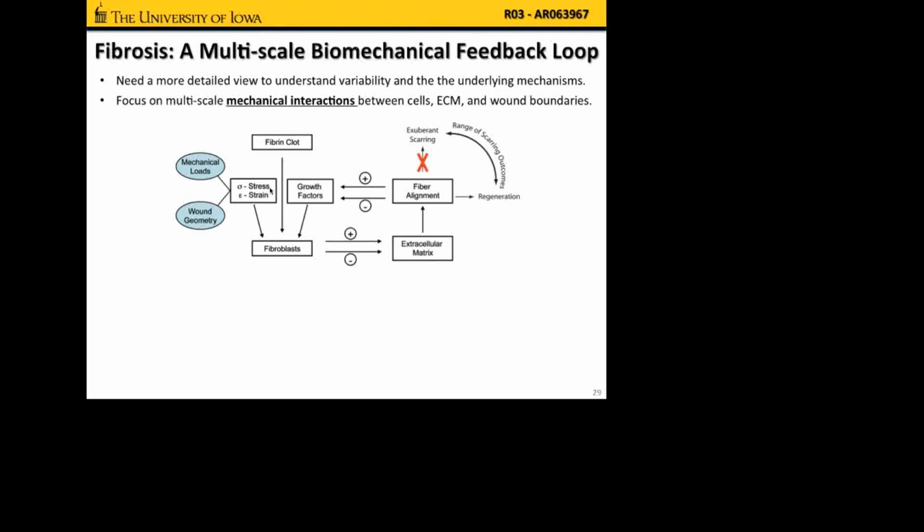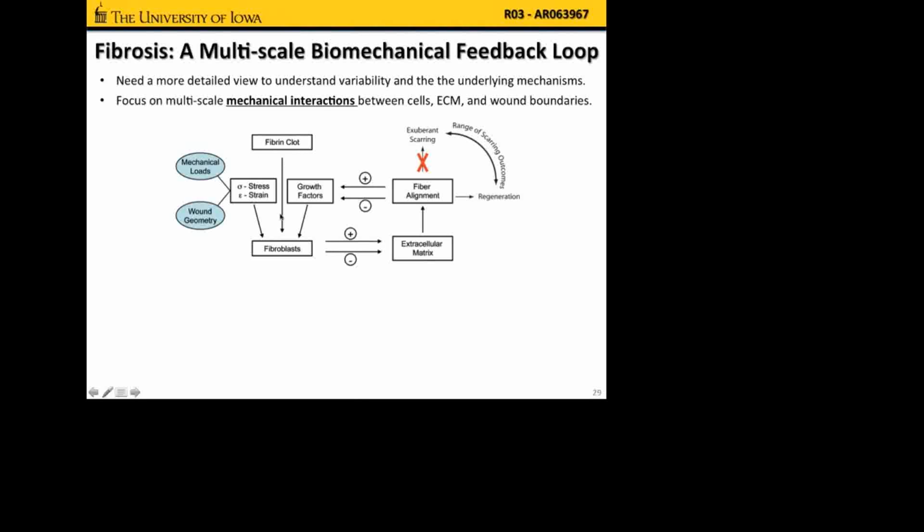You have growth factors that are also involved. Those can lead to synthesis or degradation of extracellular matrix, which then changes the composition and the organization and alignment of the matrix that's in there, which then feeds back, changing the mechanical environment, perhaps signaling more or less of a certain type of growth factor, like, for example, TGF-beta.